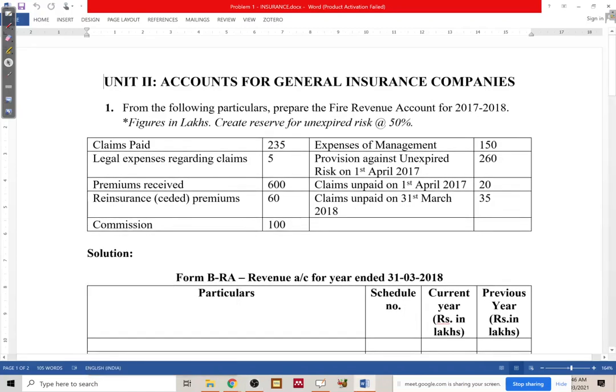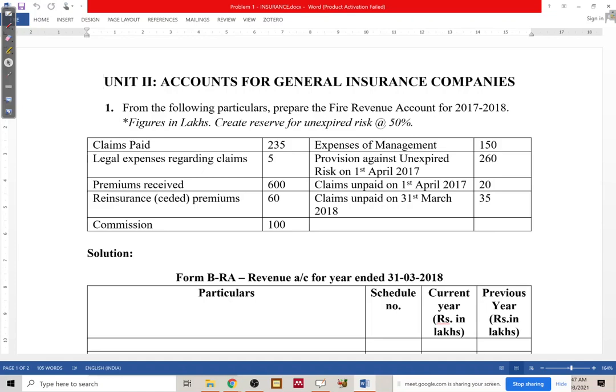This is a basic problem on the accounts for general insurance companies, and in this entire chapter, the different statements we are going to prepare are mainly three statements. One is called a revenue account. Second is the profit and loss account.